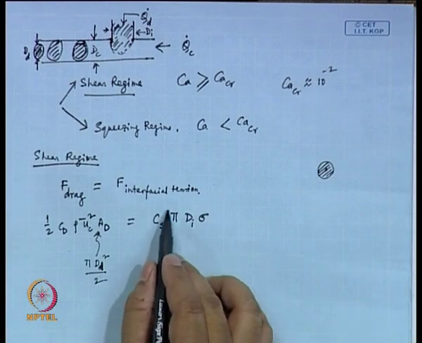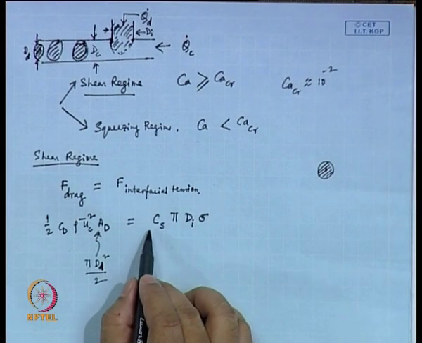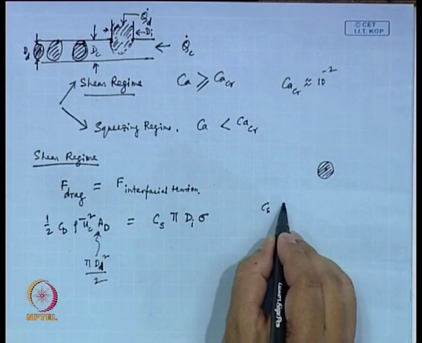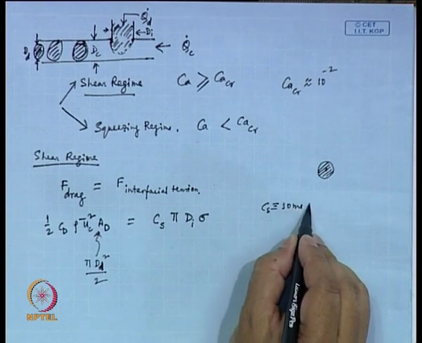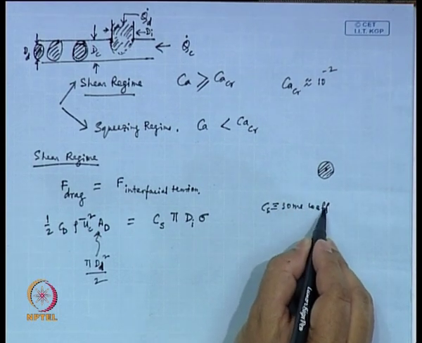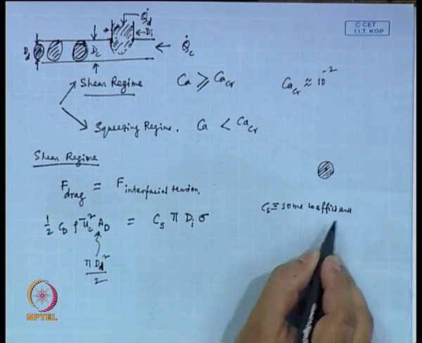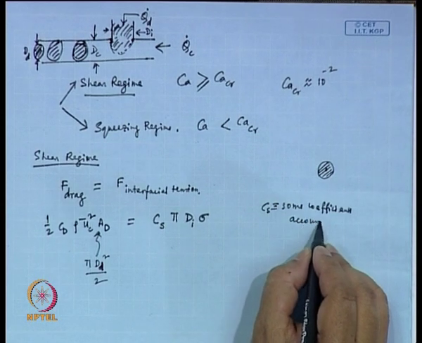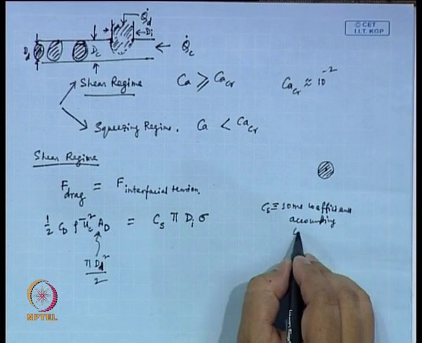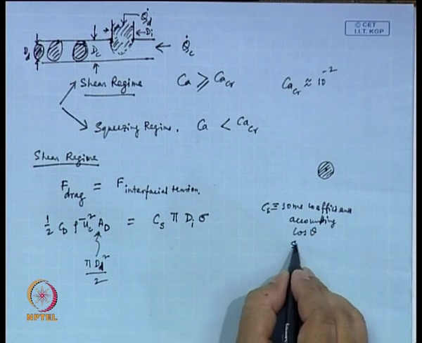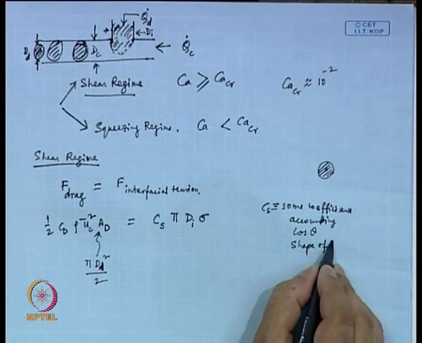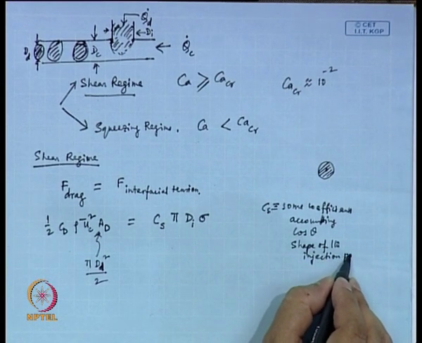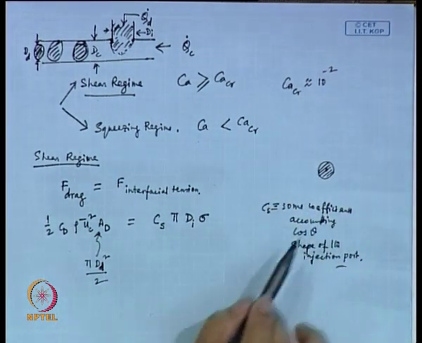So, pi di sigma you can understand, and on top of that you have Cs, which is some coefficient accounting for, say, cos theta and the shape of the injection port. There are some things which we are not accounting for here, so that is clubbed into this parameter Cs.